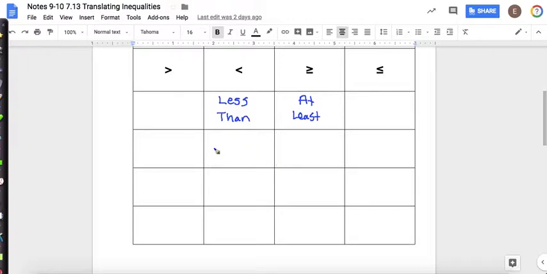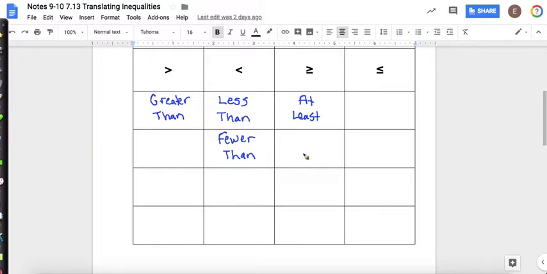Fewer than is another less than word, so we put it in this column. And cross it off your list. And then next we have greater than, which is right here. And then we have no more than.